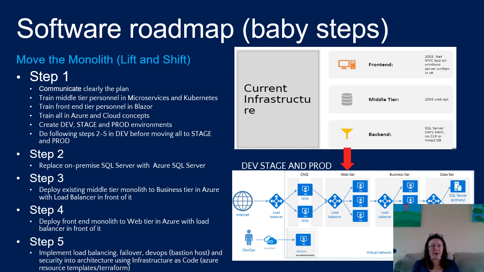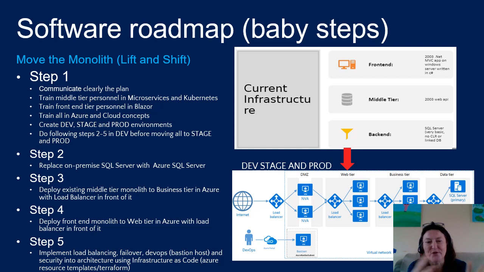So that's step one. Step two, we're going to do the simplest low-hanging fruit of the migration, okay? The stuff that's really easy is to take existing SQL servers that are in the on-premise environment and move them into the cloud using Azure SQL Server. So that's like an Azure managed instance SQL Server. Basically there's no code changes involved in that.